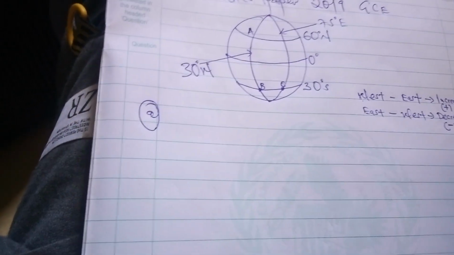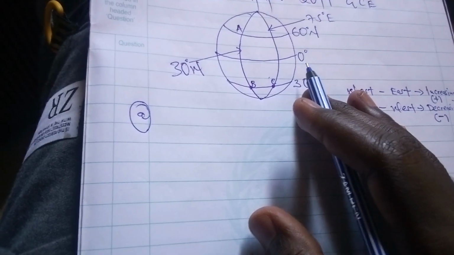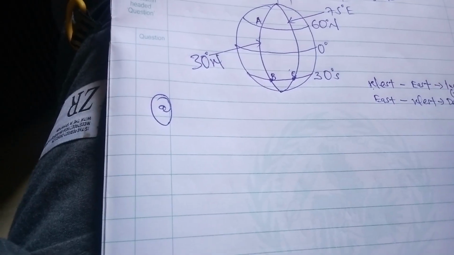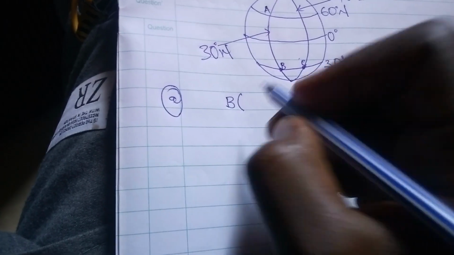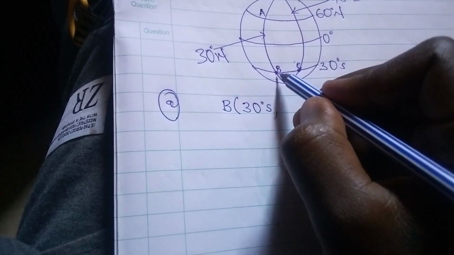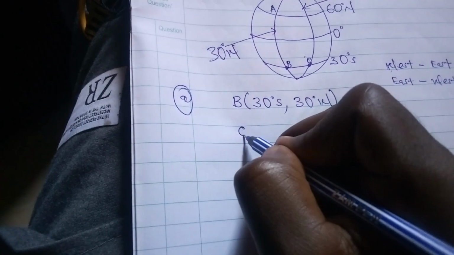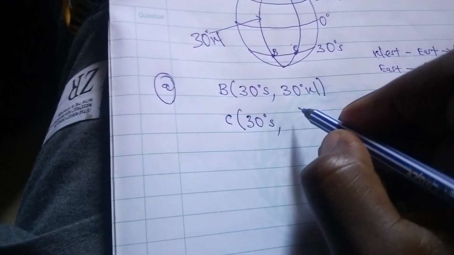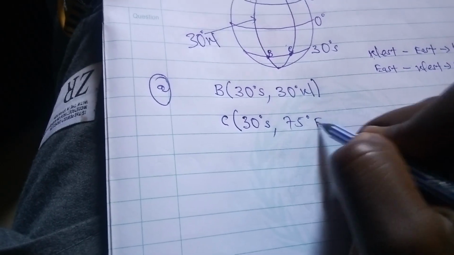They are telling us to find the time at C when an individual moved from B to C. So first thing that you're going to do is correct the position. Always start with the latitude, that is 30 degrees south, the longitude of B, that is 30 degrees west, and then where we are going, that is 30 degrees south, and its longitude, that is 75 degrees east.